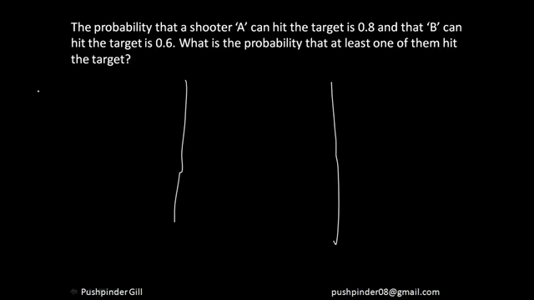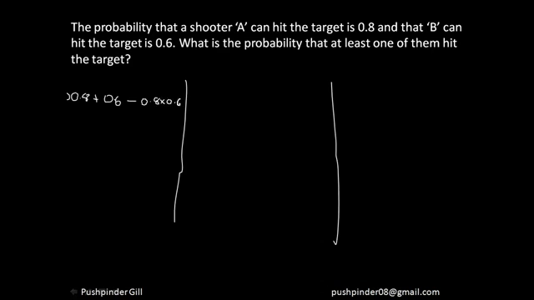The first way is the probability that event A happens plus probability that event B happens minus the probability of both the events happening, right?